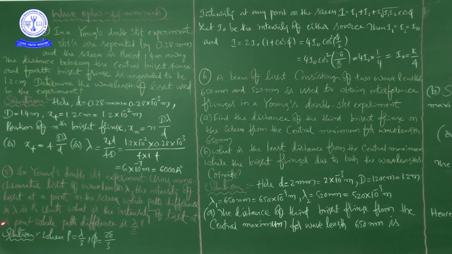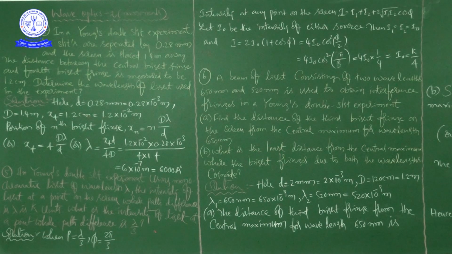What is the intensity of light at a point where path difference is lambda by 3? That's what he is asking.